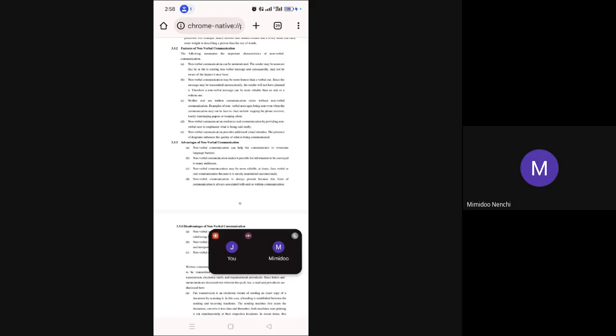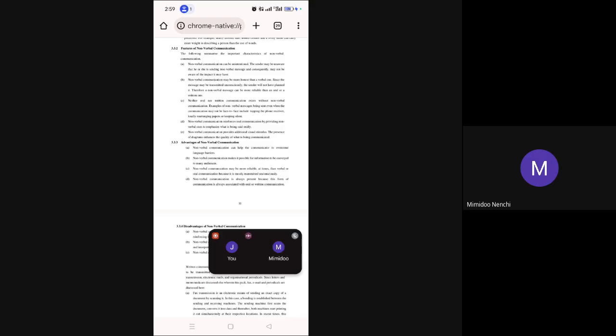Non-verbal communication may be more reliable at times than verbal or oral communication because it is mostly transmitted unconsciously. You transmit it when you are not aware.